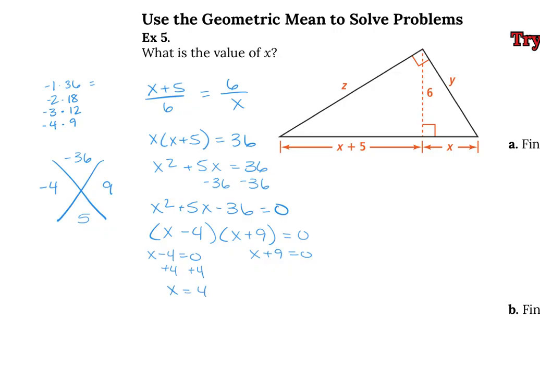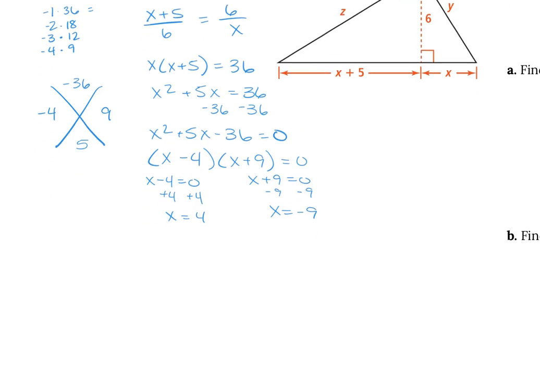So x equals 4. I cannot have a negative value for a side, so my x has to be the 4. So length always has to be positive.